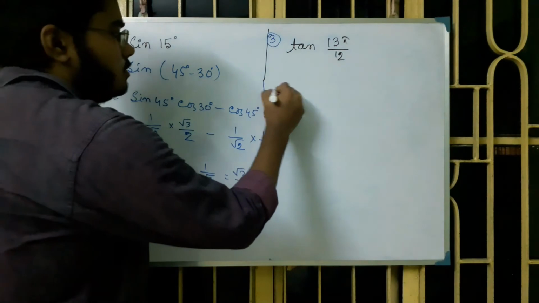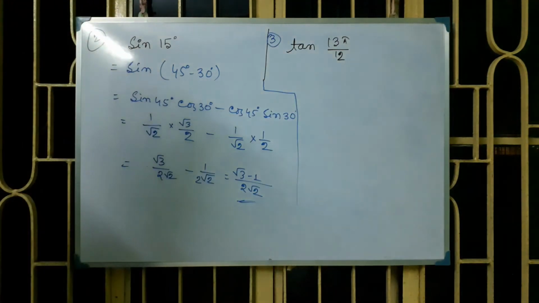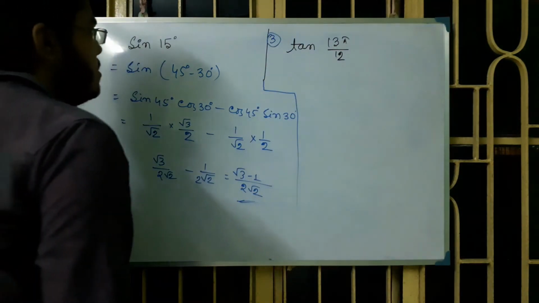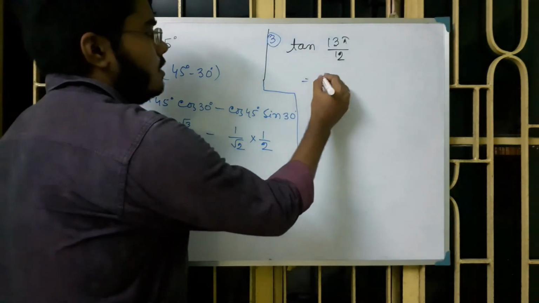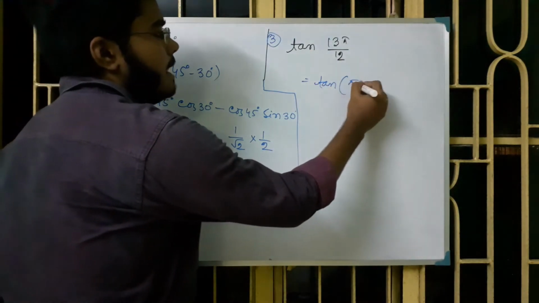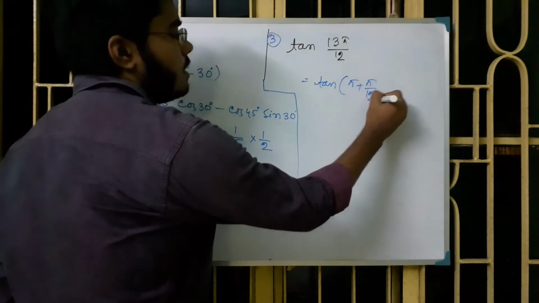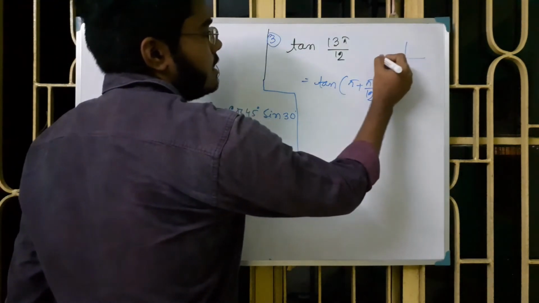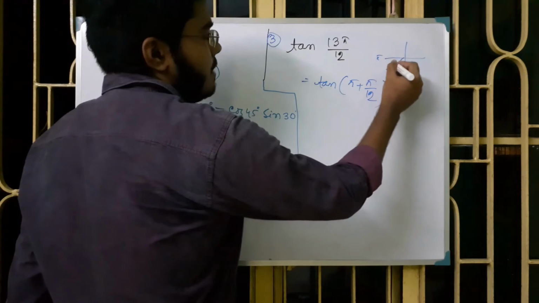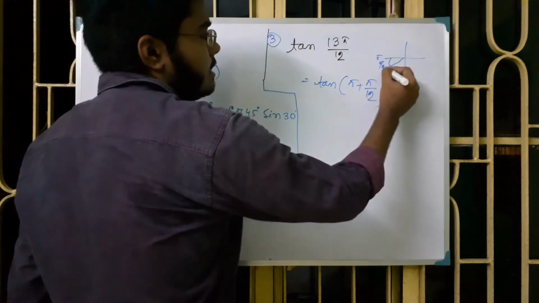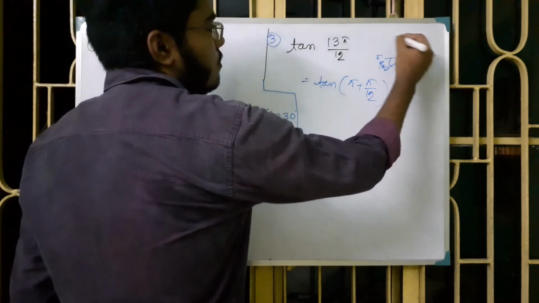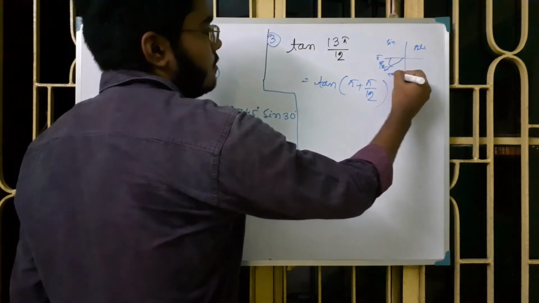Now what is tan 13 pi by 12? So write tan of pi plus pi by 12. Now this is pi, moving pi plus pi by 12, and this is in the third quadrant, this is the quadrant of tan.